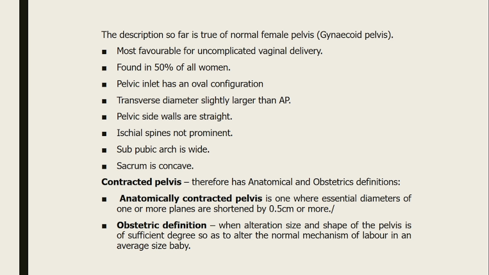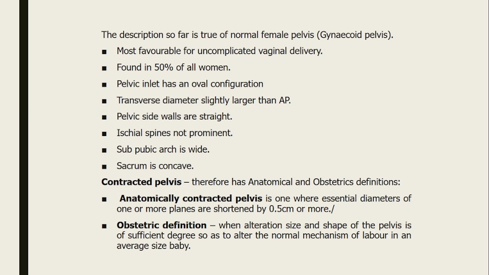The pelvic inlet is oval in shape. The transverse diameter is slightly greater than the AP, as I've said. The transverse diameter is about 13.6 and the AP is about 11.5. The pelvic side walls are straight. The ischial spines are not prominent.